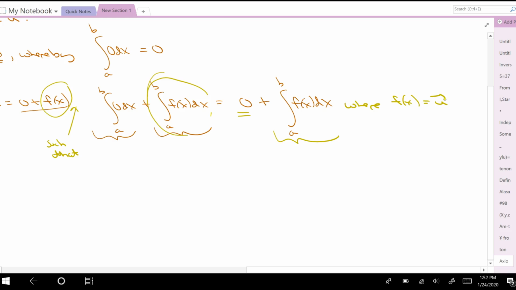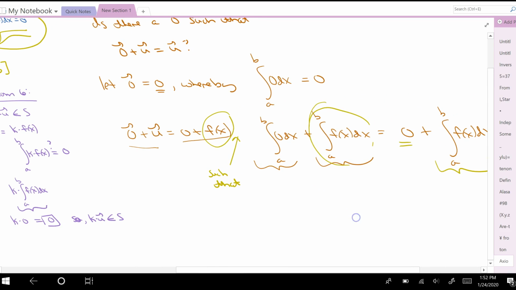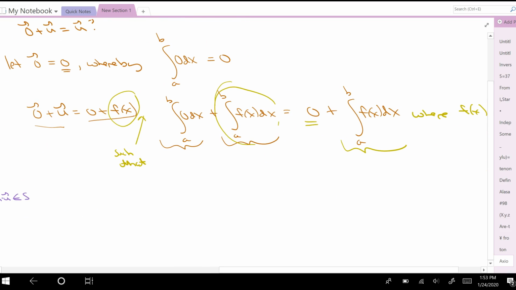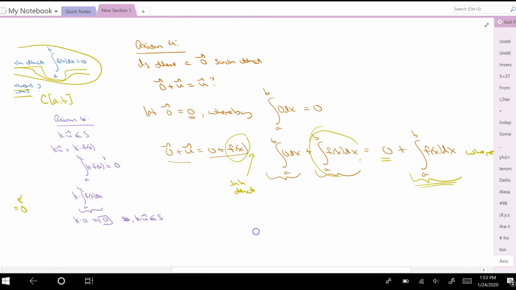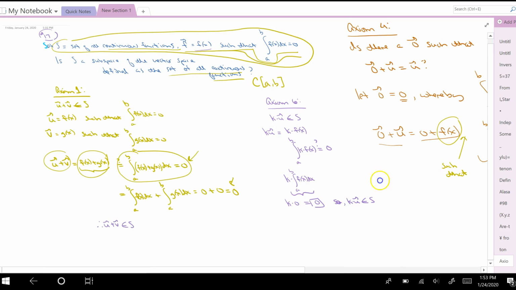Okay, so the point is that in this case, if I let 0 be this integrand, the definite integral from a to b of 0 dx added to the definite integral from a to b of f of x just gives you what you started out with, which was how we defined u.